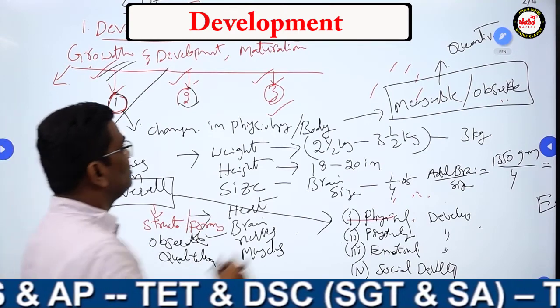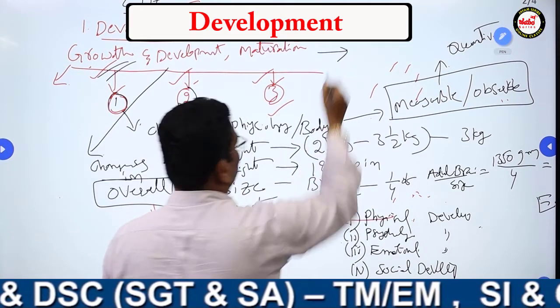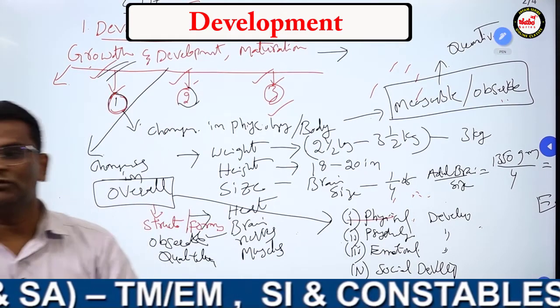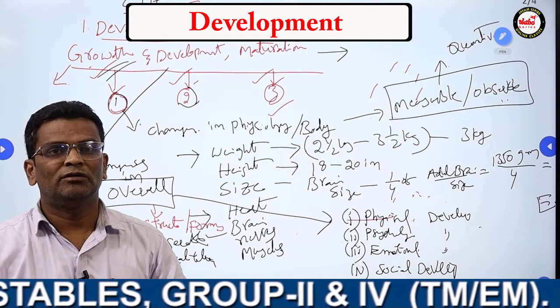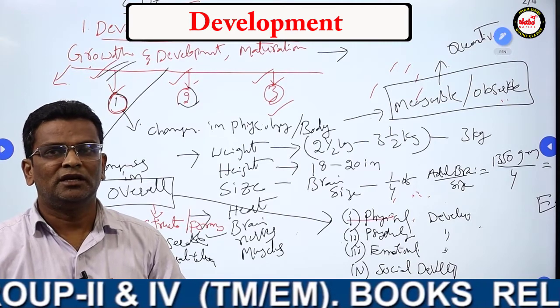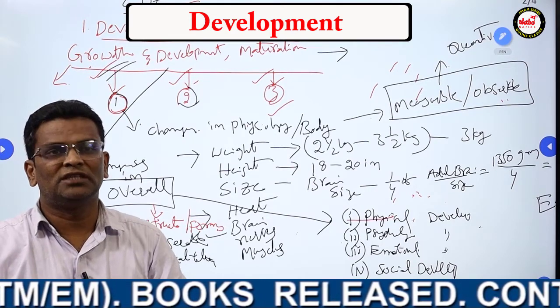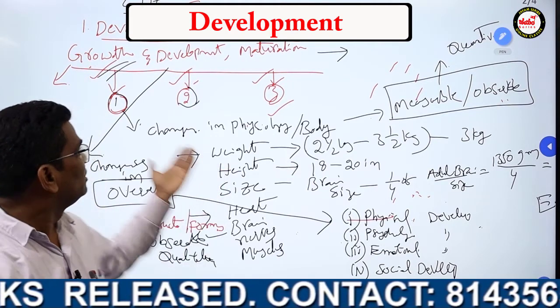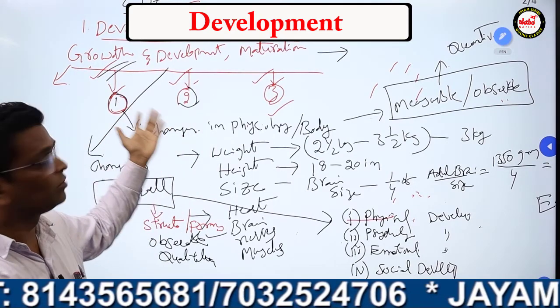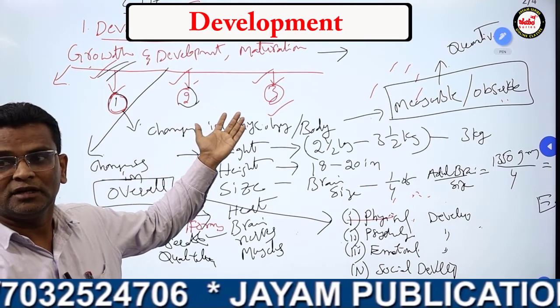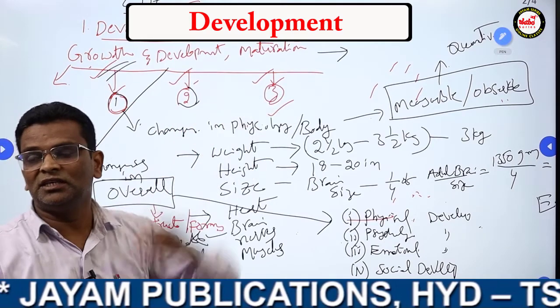Next one is maturity. Maturity means what? Maturity means he learned so many things. Means by the stage of growth and development, he got so many things.